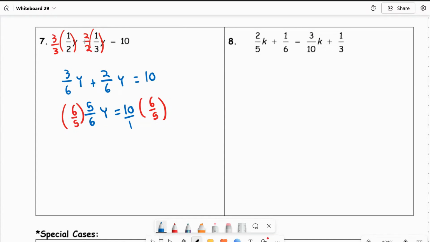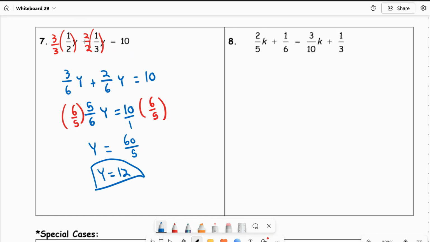All right, from here, our two fractions will cancel on the left side, leaving me with just y equals 10 times 6, which is 60, over 1 times 5, which is 5. 60 divided by 5 is just going to give me 12. So y equals 12.